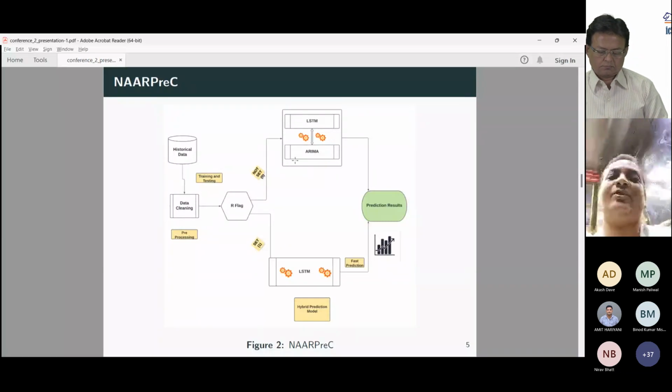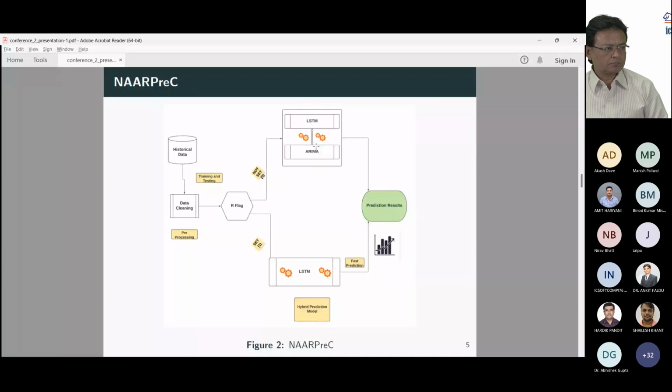In the hybrid approach, if the data is linear, then ARIMA is the best choice for resource prediction. And if there is non-linearity in the data, then the LSTM model is chosen. So here we have considered the complexity and the linearity in the dataset, and based on that we are predicting the resource utilization.